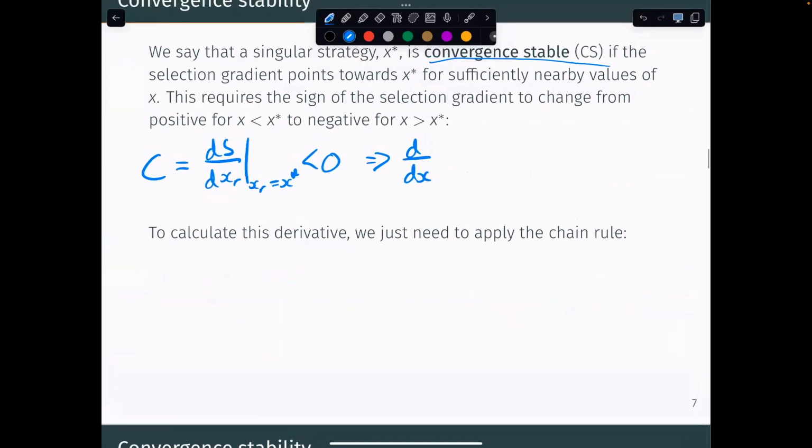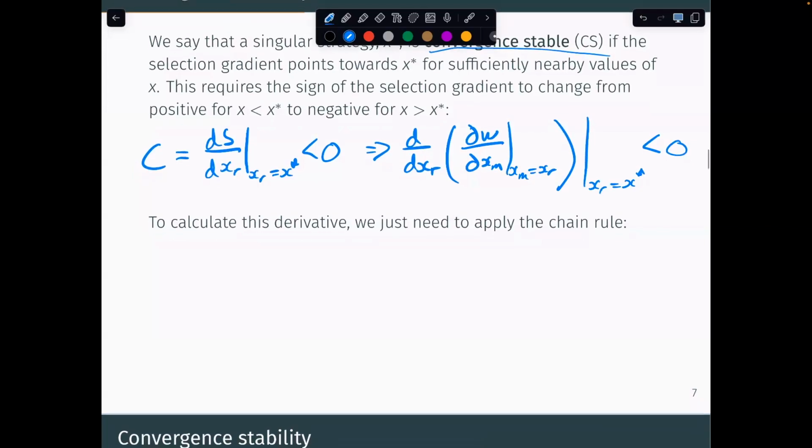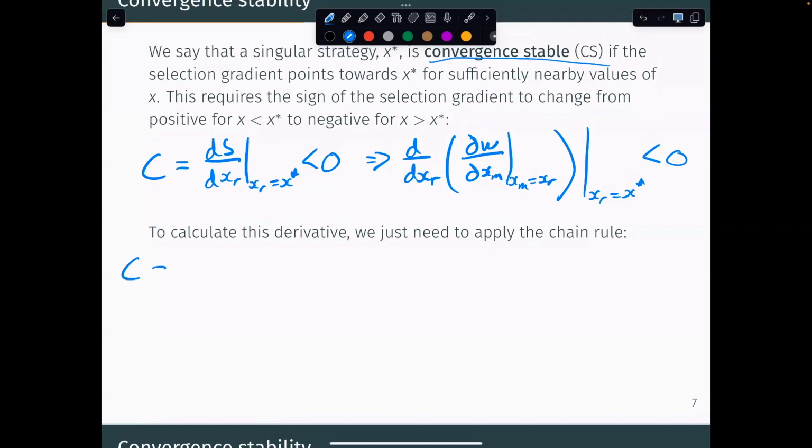So this gives us the derivative with respect to our resident trait of our selection gradient, which is dw dxm, evaluated at xm equal to xr. And this whole thing is then evaluated at our resident trait equal to our singular strategy. This is negative. All I've done here is substitute in the definition for S. Now we just need to apply the chain rule.